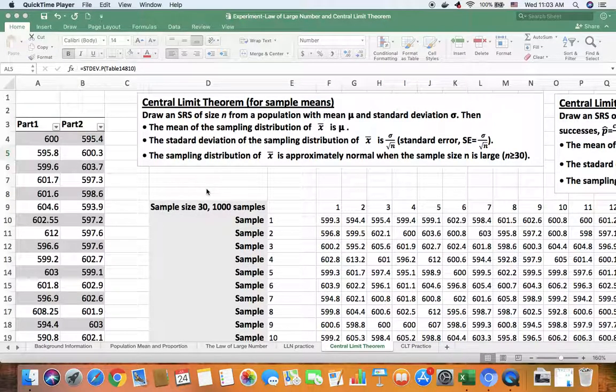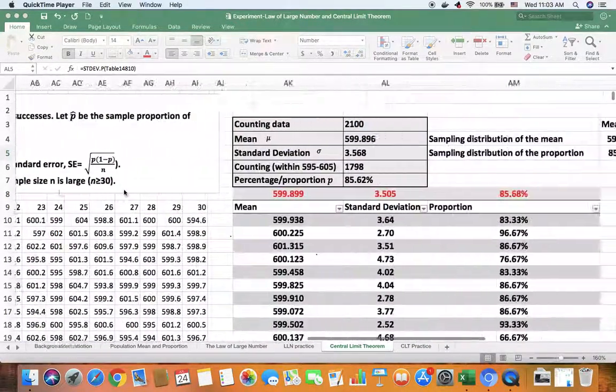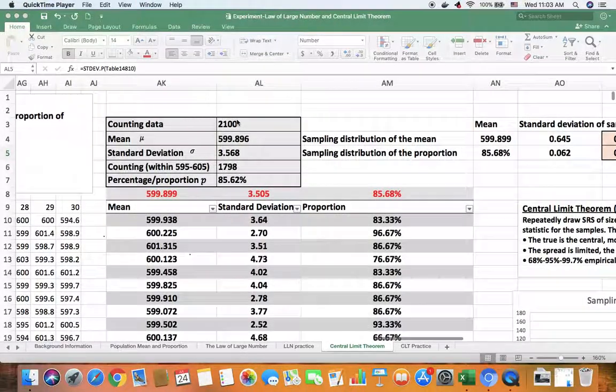Hello. In this video, I'm going to bring you on a journey of establishing the central limit theorem. We have 2100 numbers here. This is our population. We calculate the population mean, standard deviation, and proportion.